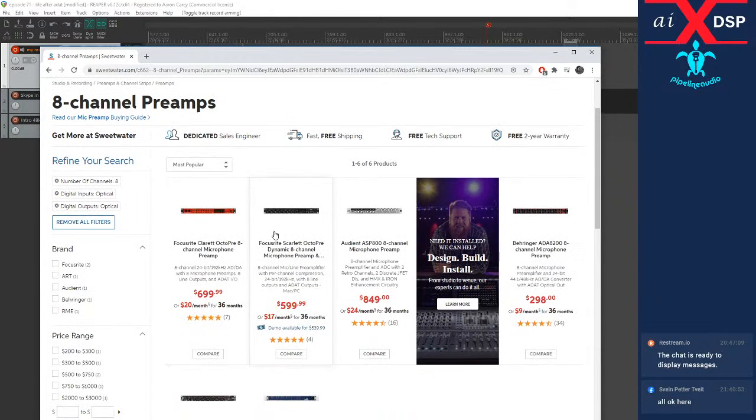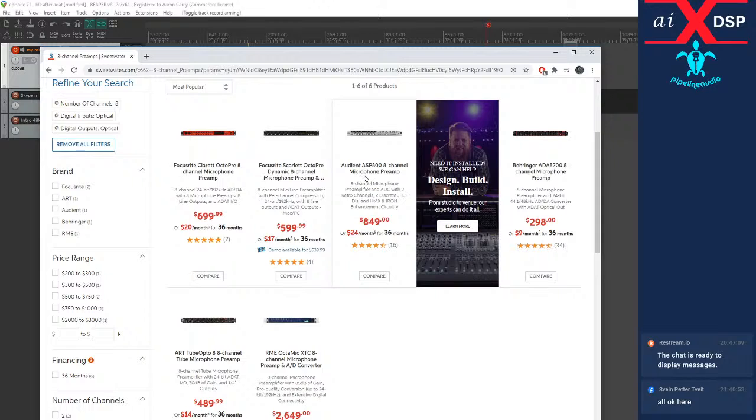But so the 6 I see is the Focusrite Scarlett Octopre 8 channel. So that one's got the ADAT in and out. Focusrite Scarlett Octopre Dynamic, which is what I'm looking at right here. That's what I have. The Audient ASP 800 8 channel mic preamp. But it's $850. It's even more than the Scarlett. $150 more.